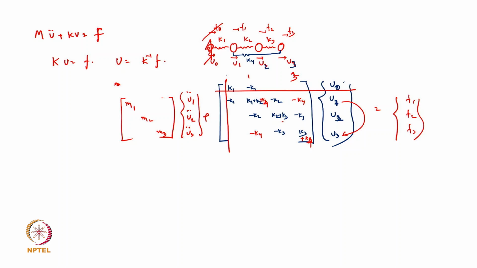So now, if we have 3 degrees of freedom, or maybe 2 degrees of freedom, then the structure will have 2 frequency points where it will start vibrating vigorously. At those 2 particular frequencies, the structure will vibrate vigorously. So these 2 will be its natural frequencies. Okay.